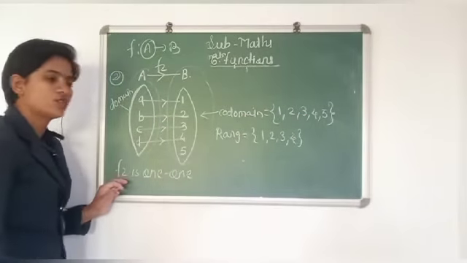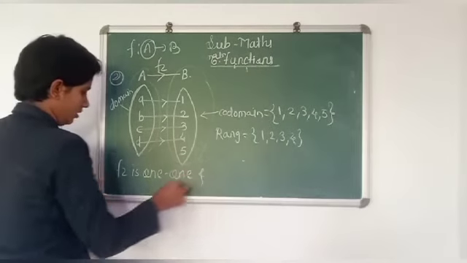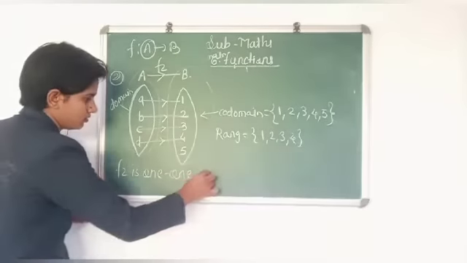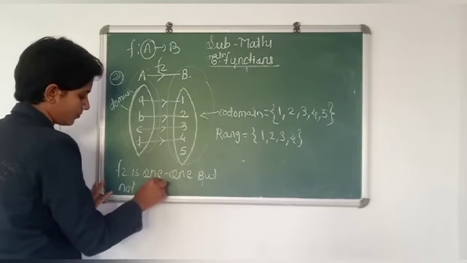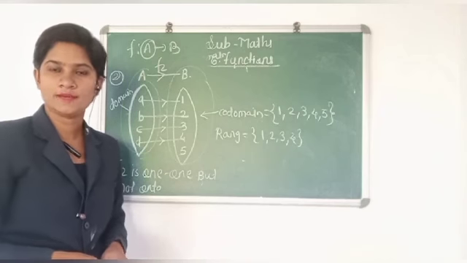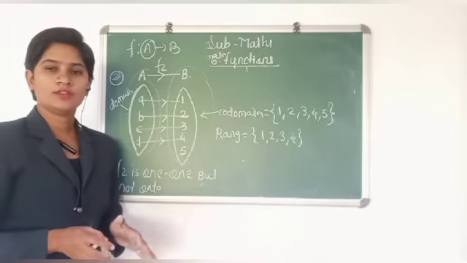So this given function is not onto, and F2 is one-one but not onto. I hope all of you understand how to identify whether a given example is one-one or onto.